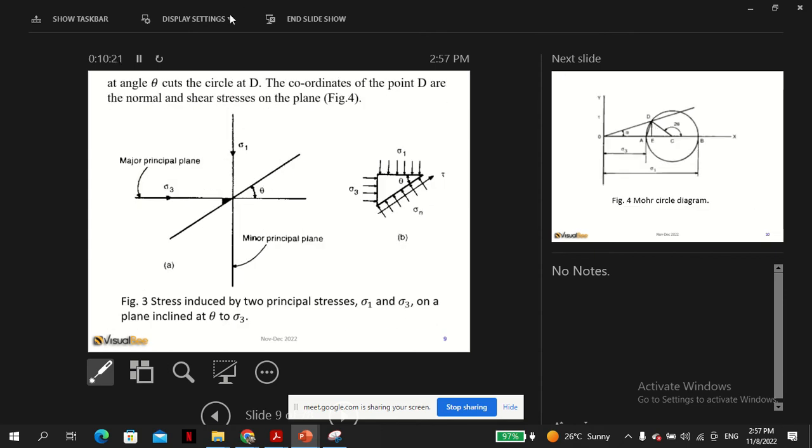Here these are the planes, they are usually orthogonal, so this is the major and this is the minor, and this is the resultant.